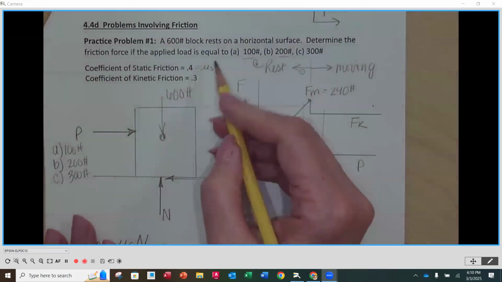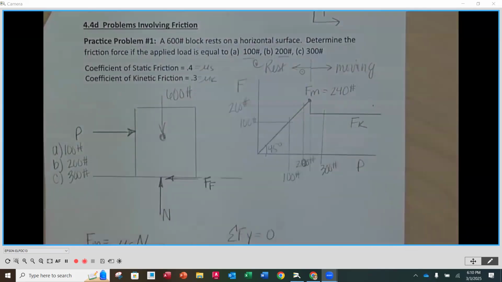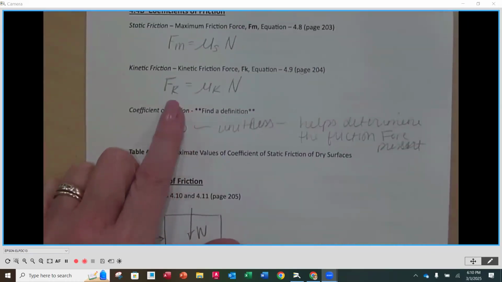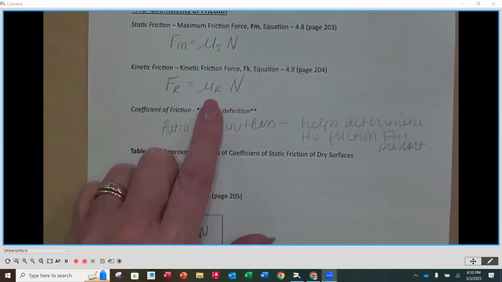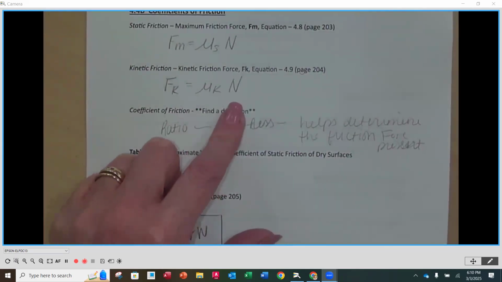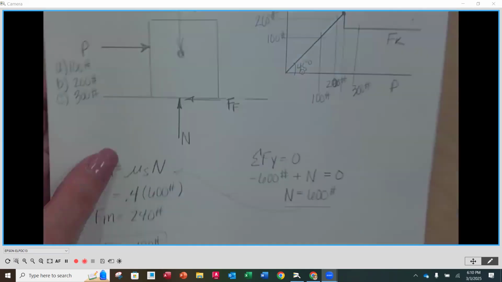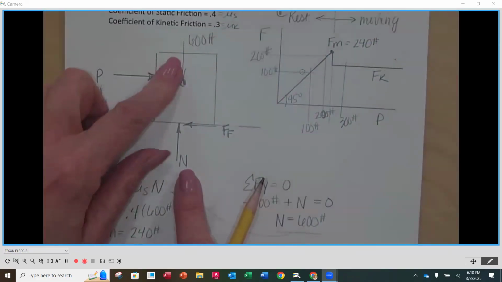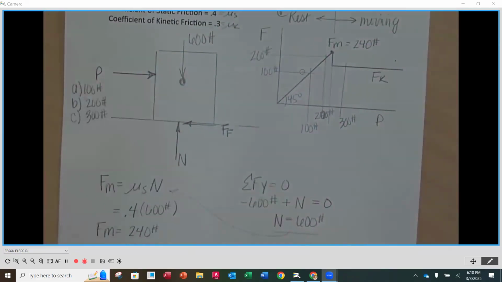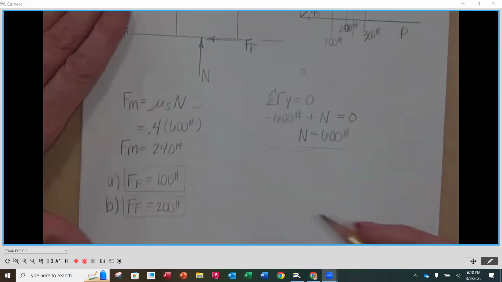So notice that our coefficient of kinetic friction for these same two materials is going to be 0.3. Now, the equation for the kinetic force uses that coefficient of kinetic friction times the normal force. The normal force is still the same because we haven't changed blocks, so it's still going to be 600.